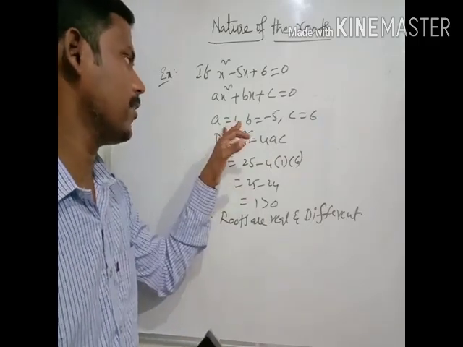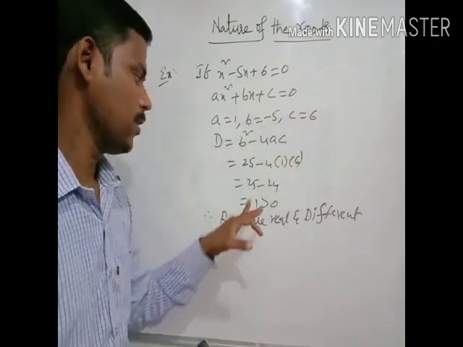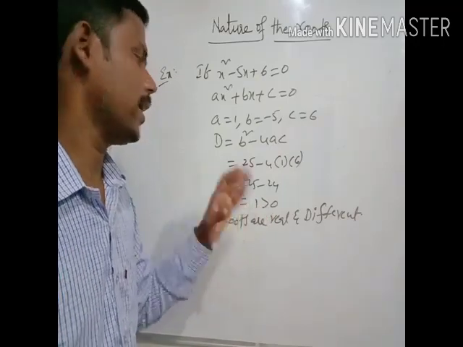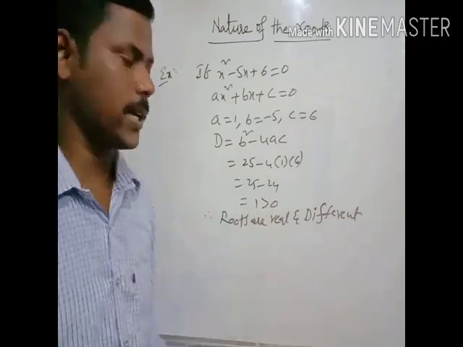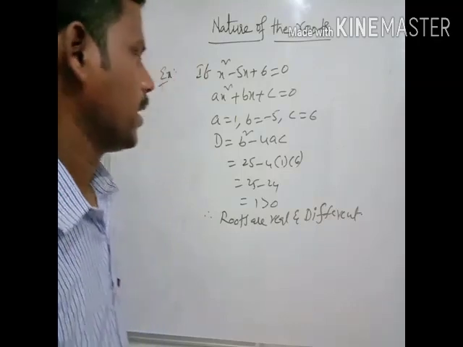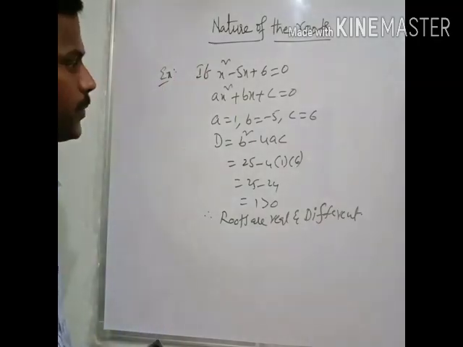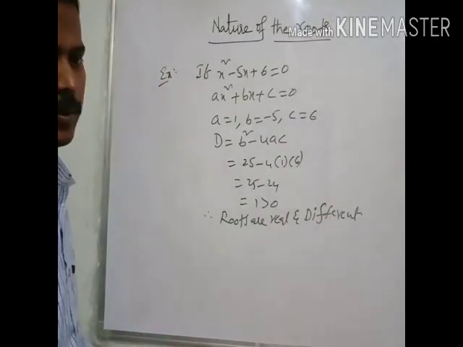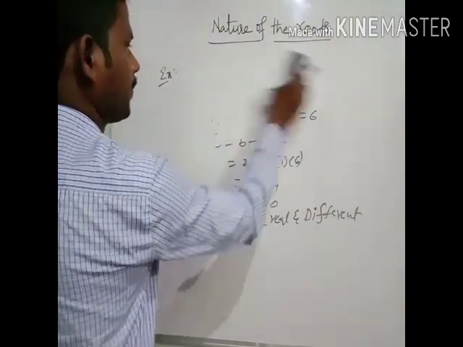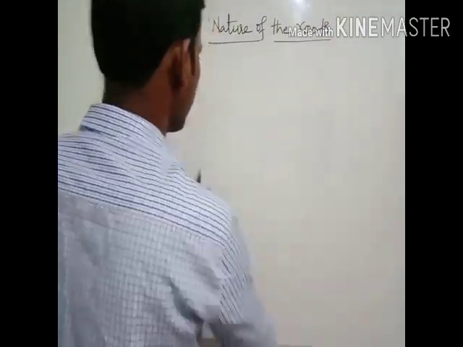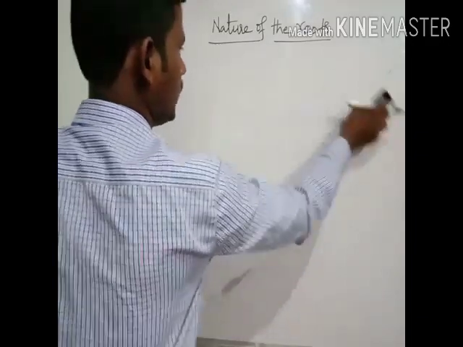Substitute the values of a, b, c. We got the value 1. So 1 is greater than 0. Then the roots are real and different. Understood, children? Is it clear? Okay.